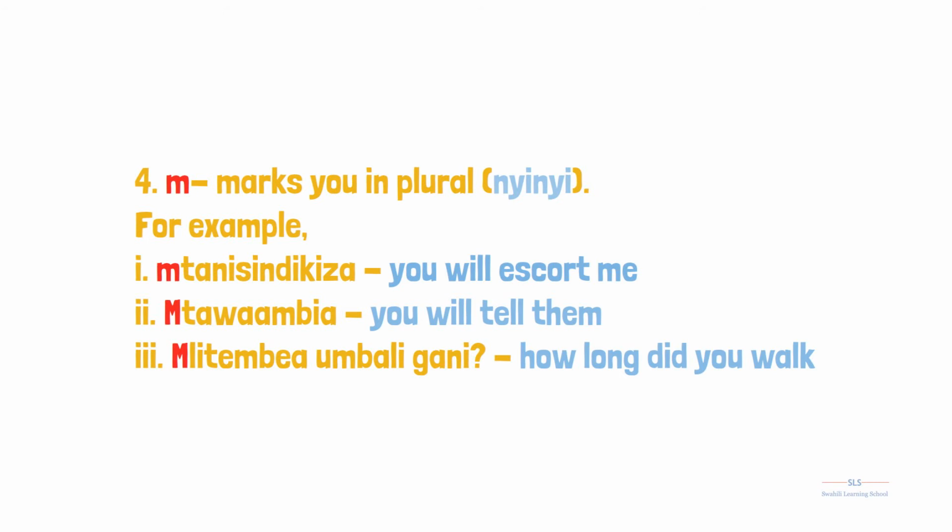So it marks plural, which is nyinyi. Mlitembea umbali gani? How far did you walk? That marks you, which means nyinyi. So when attached as a prefix to a verb, it marks you, meaning nyinyi in Swahili.